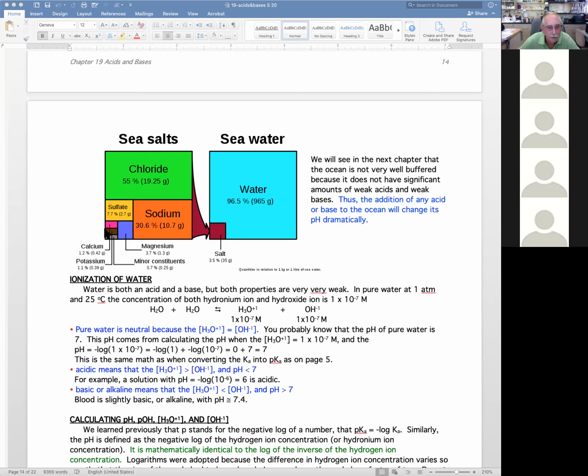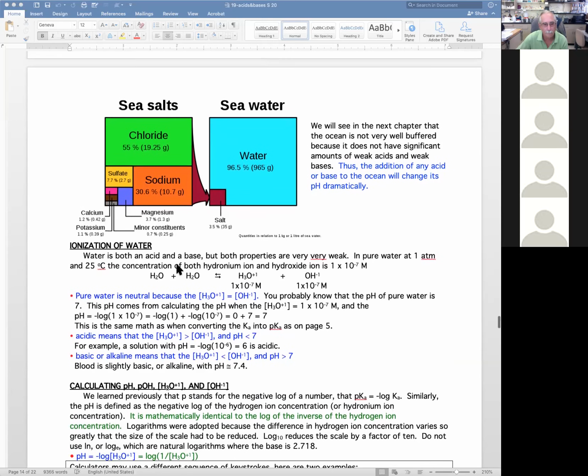So then we see that calcium is a little bit, potassium, magnesium. You don't see fluoride there, do you? Fluoride is a very small amount, but yet it is enough to actually influence the pH of the ocean. So, questions so far?